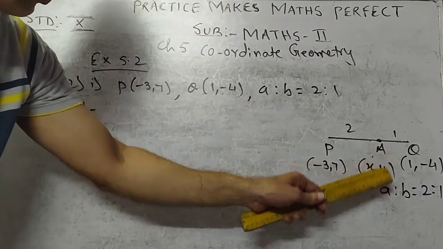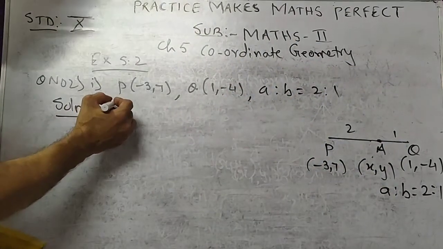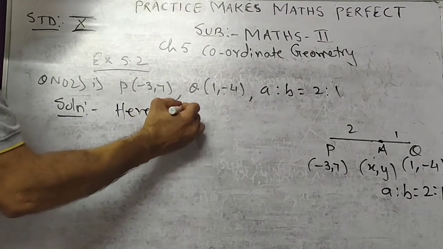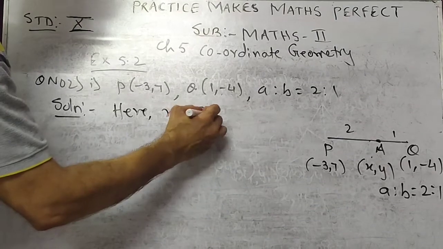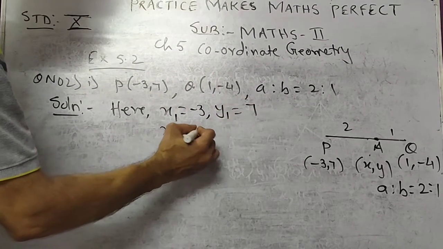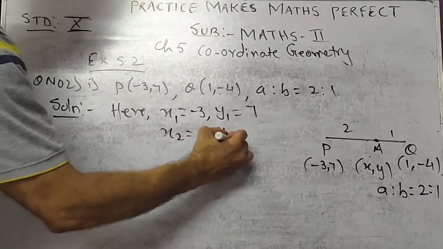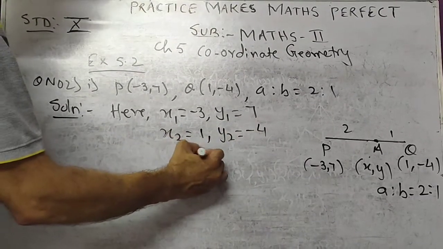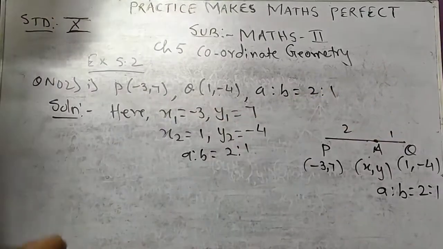Q coordinate is 1, -4. So here x1 is equal to -3, y1 is equal to 7, x2 is equal to 1, y2 is equal to -4. And a ratio b, it is given 2:1.